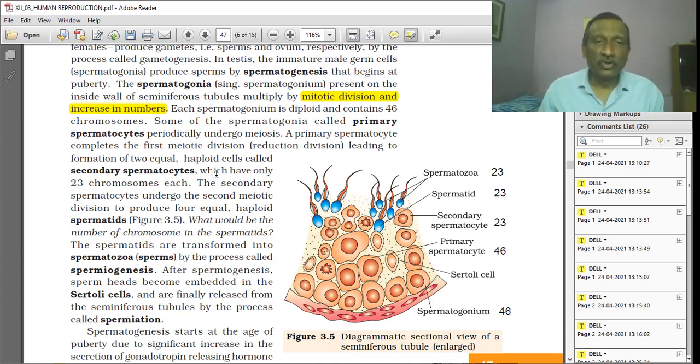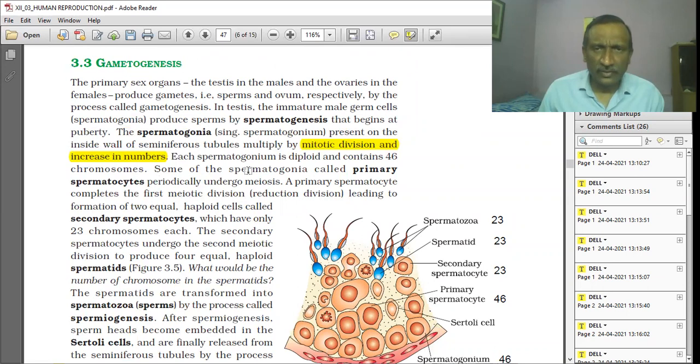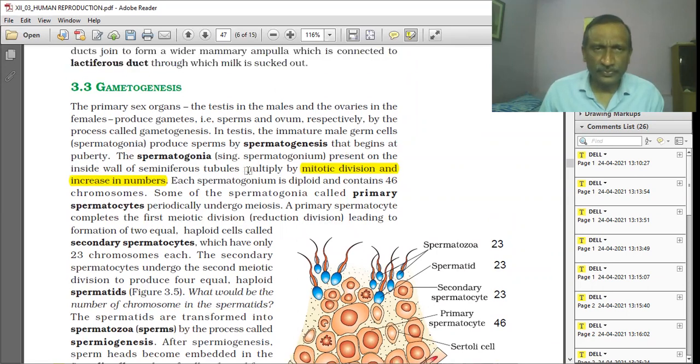Spermatogonia, present on the inside wall of the seminiferous tubule, multiply by mitotic division and increase in number. Each spermatogonium is diploid and contains 46 chromosomes.